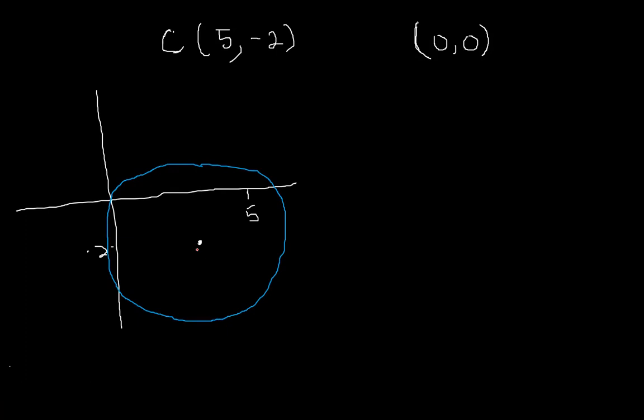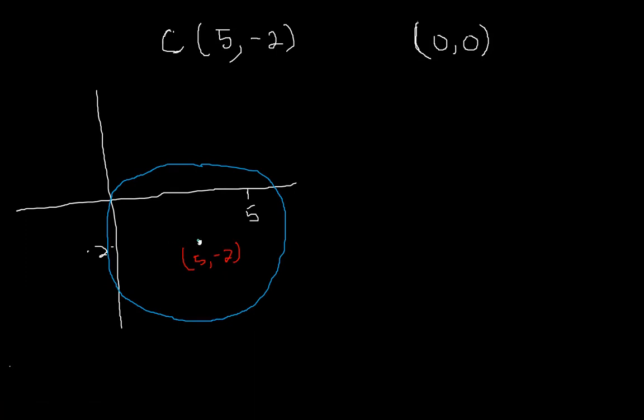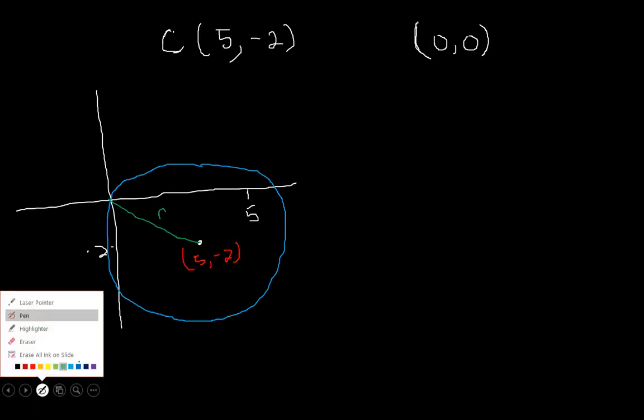So center is 5, -2. And there's a line connecting this center to the origin. So this green line right here is my R. And what they want you to do is find the equation of this circle.